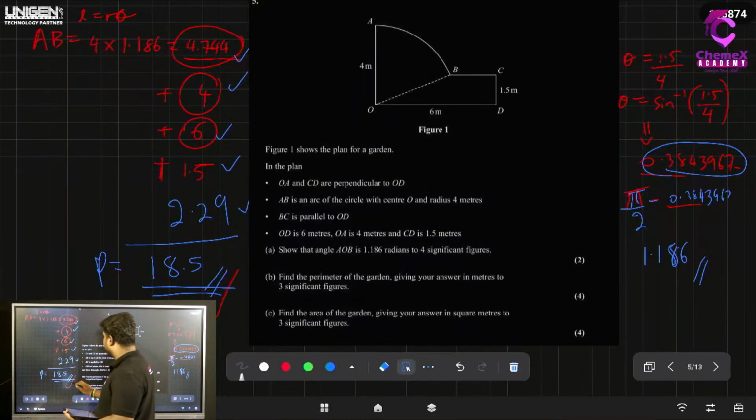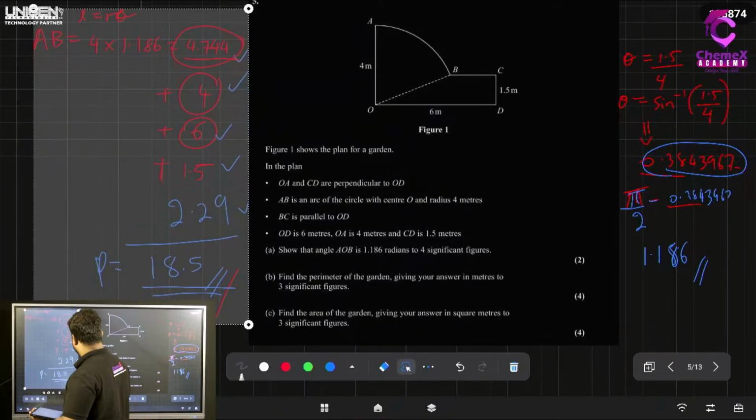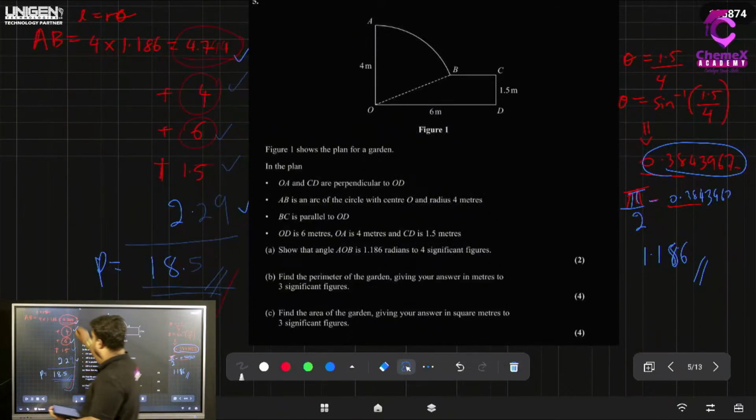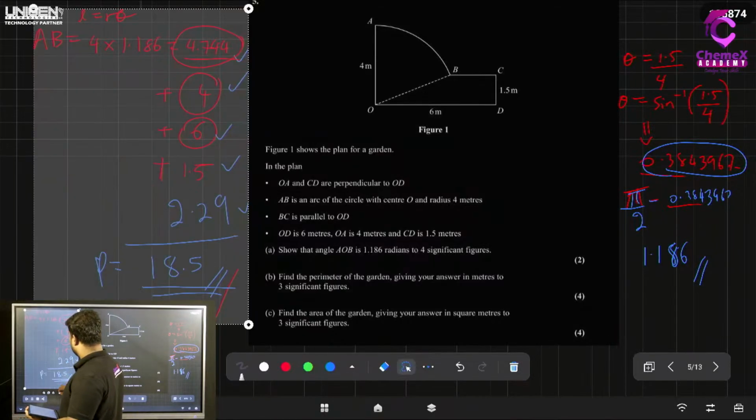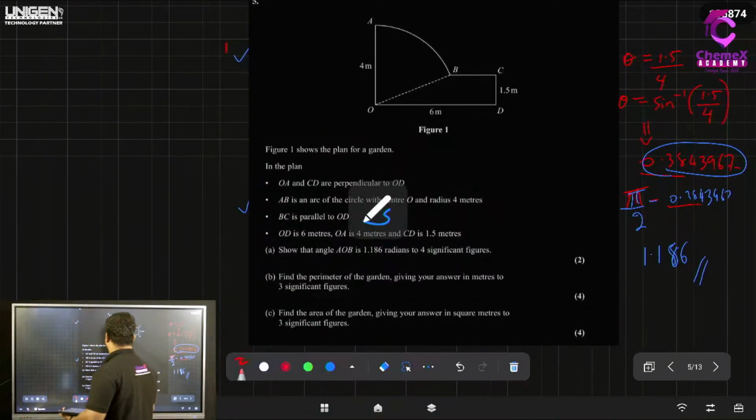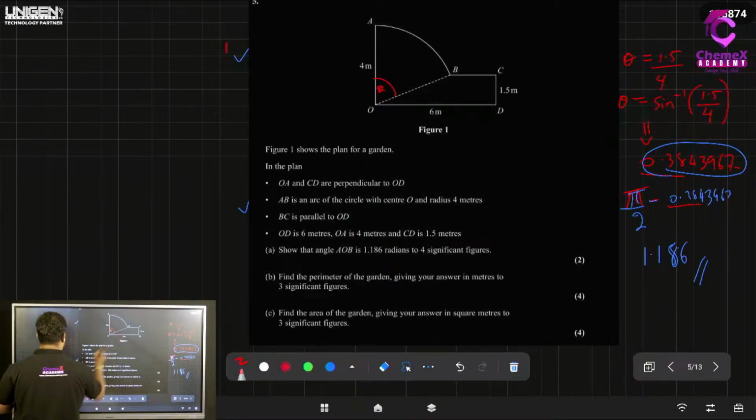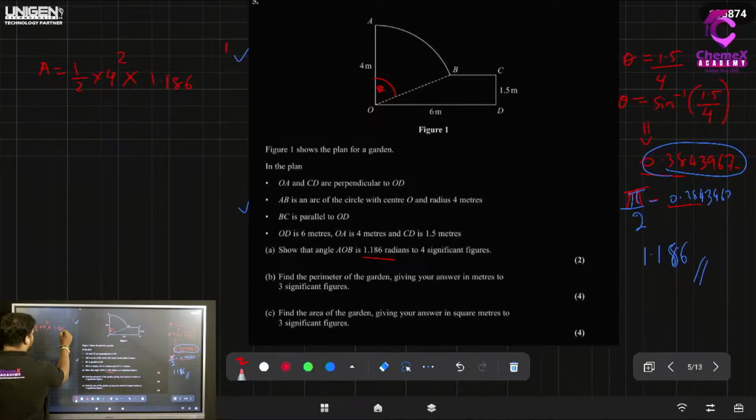How can you find the area? Area is equal to what? If you know this angle, area is equal to half r squared theta, half into 4 squared. Theta is what? The first part which we did, 1.186. Get this answer, write it.